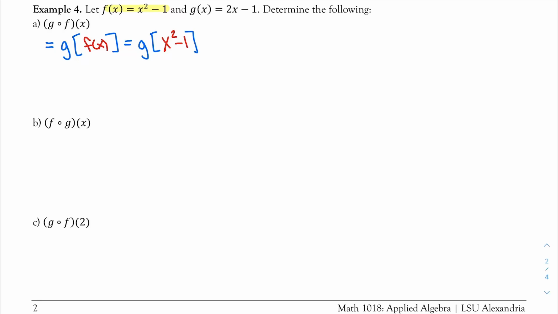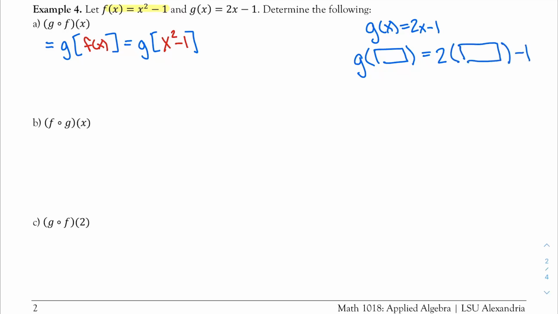So the question is, how do I even figure out what's going on here? Well, I'm going to do some work on the side. Again, I know that g of x is 2x minus 1. That's in my instructions. Remember way back earlier, I used this empty box notation, where I can write g of x as g of my empty blank is equal to 2 times that empty blank minus 1.